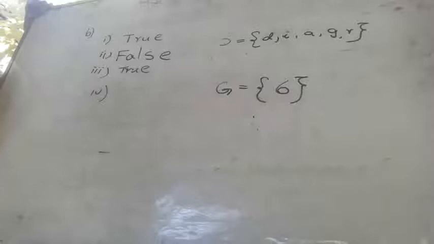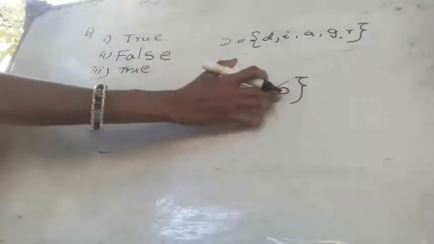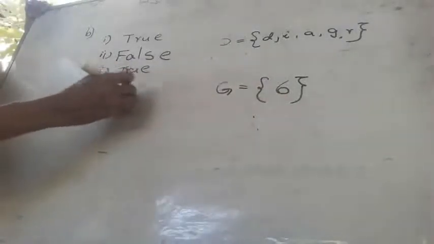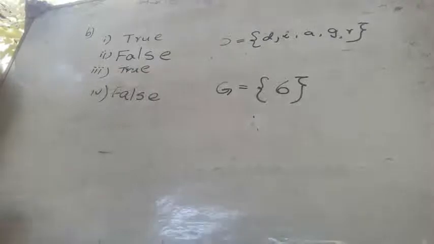Any multiple of 3 from 1 to 10: multiples of 3 are 3, 6, 9. Here only 6. Then this statement is false.